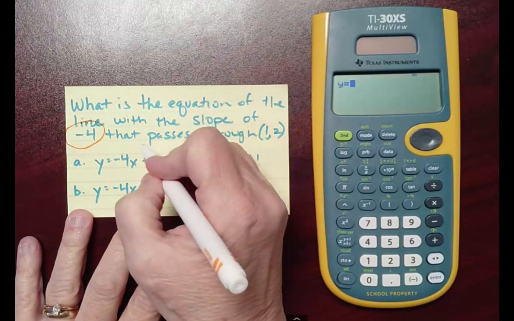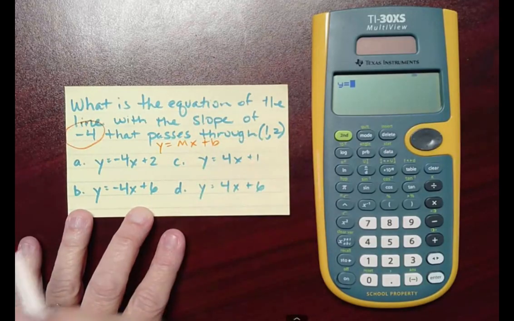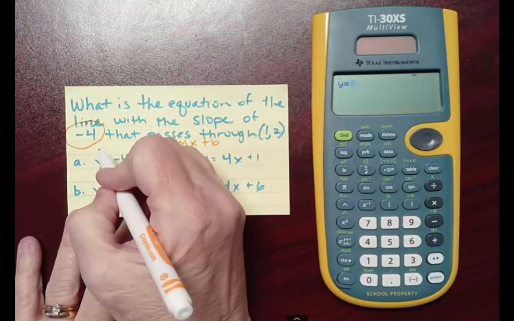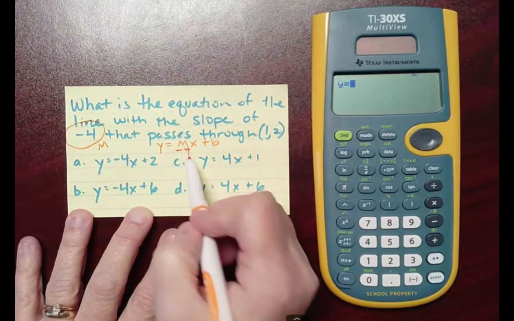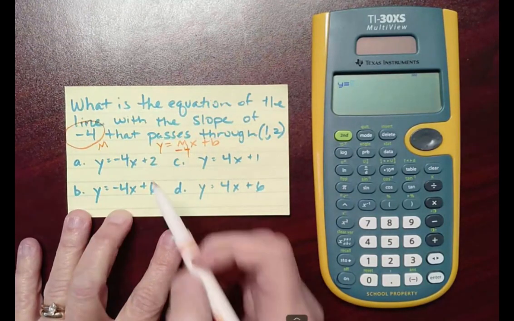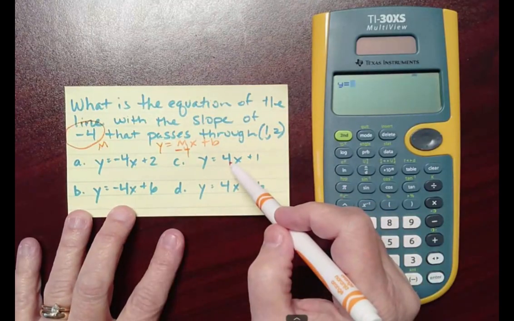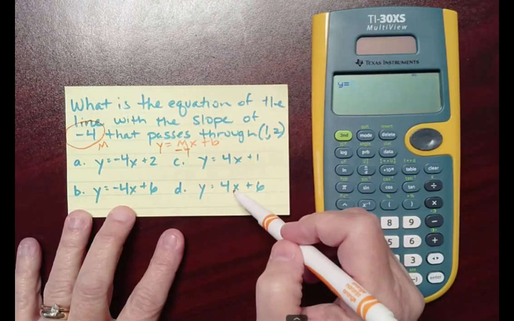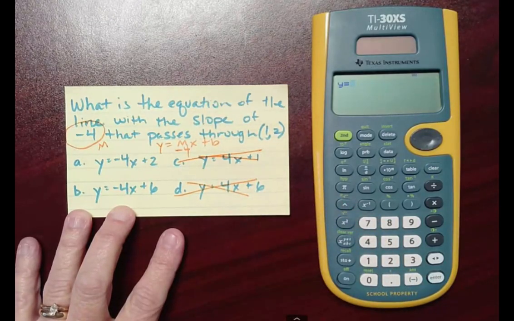If you're familiar with y equals mx plus b form and you know -4 is my slope, that means it's my m. That means -4 has to go in that hole right there. It's got to be one of these two choices. This one has a +4 slope, and this one has a +4 slope. So I don't even have to check those two answers. I can eliminate them without doing any work.